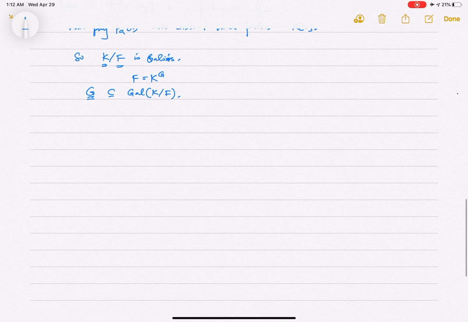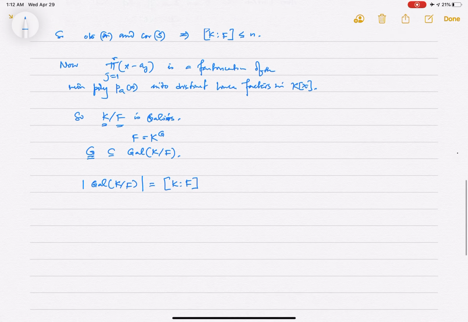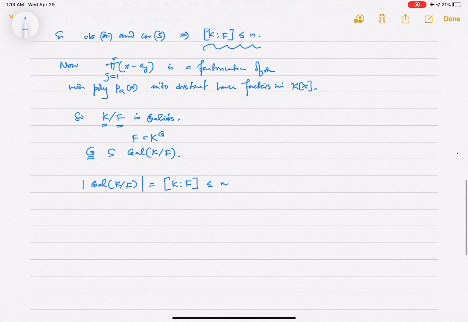On the other hand, now that I know that the extension is a finite Galois extension, the size of the Galois group, again by this lemma 1 up there, is the same as the degree of the extension, which we just saw is less than or equal to n by this corollary to the primitive element theorem, and n is the size of the group G. So here you have a subgroup of a group whose size is as big as the size of the group. That tells you that they have to be equal. So the Galois group is G.